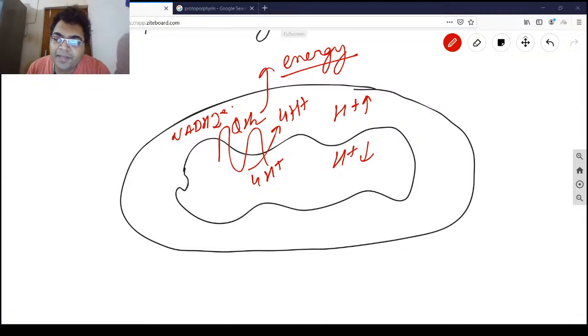So 4H plus will be thrown out, and you have the production of ubiquinol here. Later on I'll show it to you in the ubiquinol cycle. So that will happen, and then what we have is the perpetuation of this specific cycle.